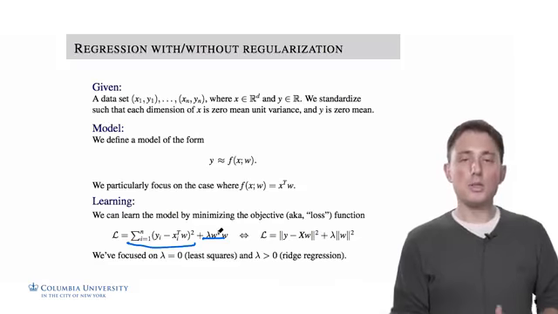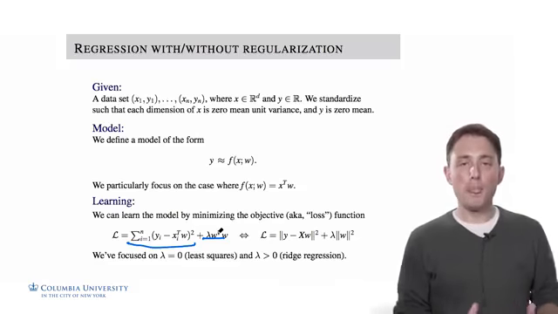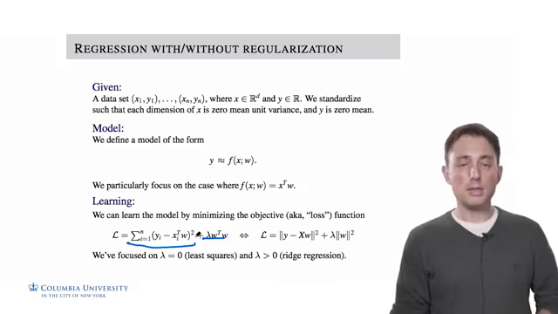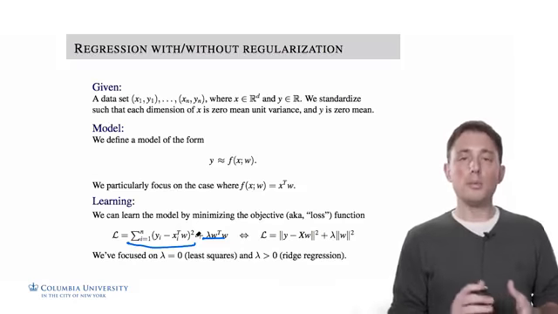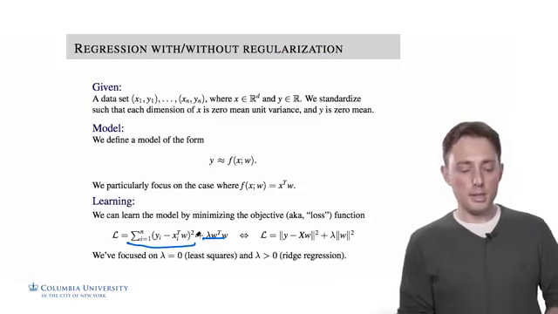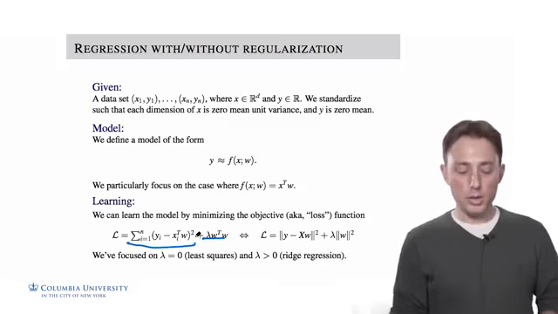We focused on two examples. One is where lambda is equal to 0, in which case we only have the sum of squared errors. That's least squares. And when lambda is greater than 0, minimizing this objective function gives the ridge regression solution.